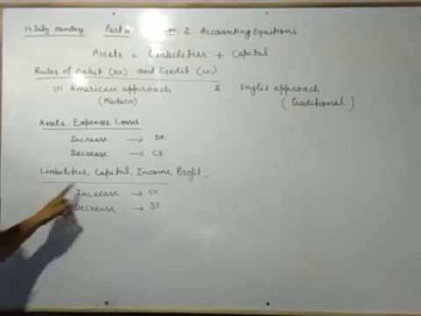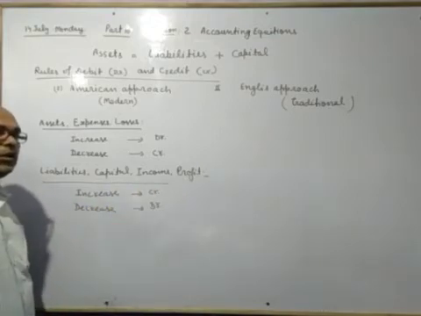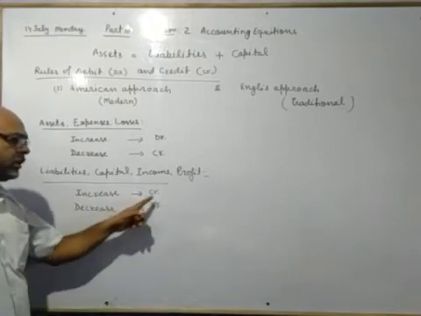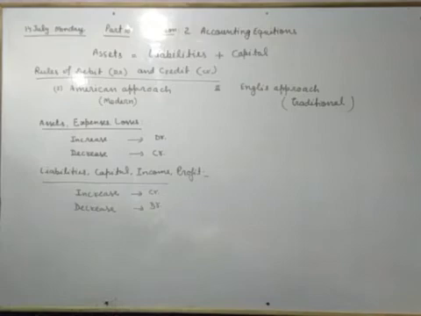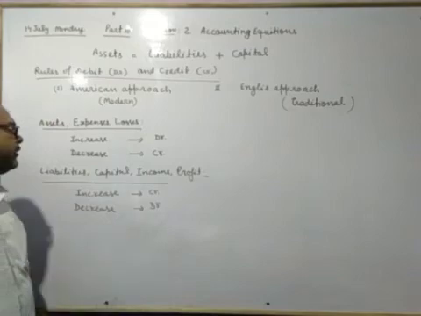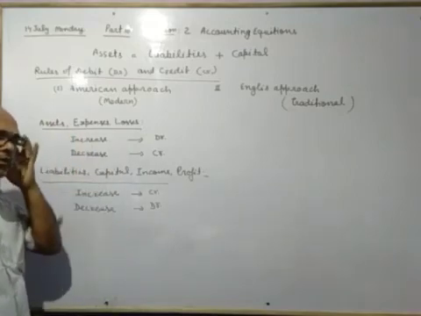If liabilities, capital, income and profit are increasing, you will denote it by credit, or if they are decreasing, you will denote it by debit. But in the case of assets, expenses or losses, if these are increasing, you will denote it by debit, or if they are decreasing, you will denote it by credit.